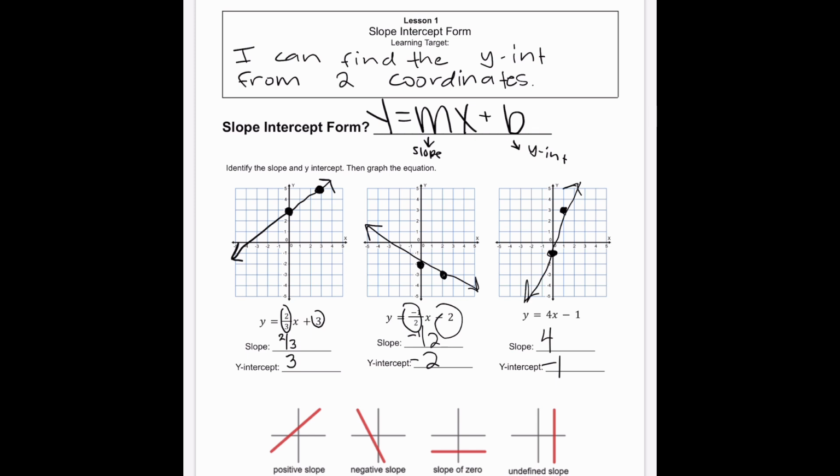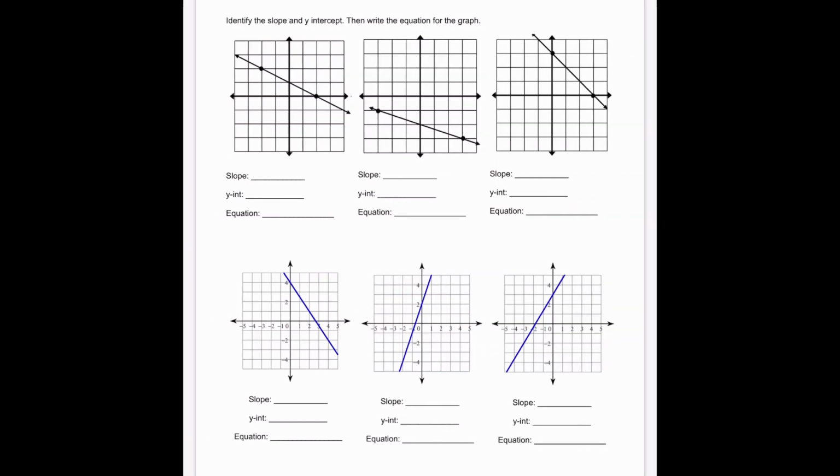That was pretty easy since you just quizzed on this the other day. And then just a reminder, positive slopes go in this direction, negatives go in this direction. Slope of 0 is straight across, flat, and an undefined slope is up and down. Again, this is all review, but it's part of Lesson 1 that they want us to go over. I think you probably know this, so I would suggest pausing it, doing it yourself, and then coming back and making sure you got the right answers.